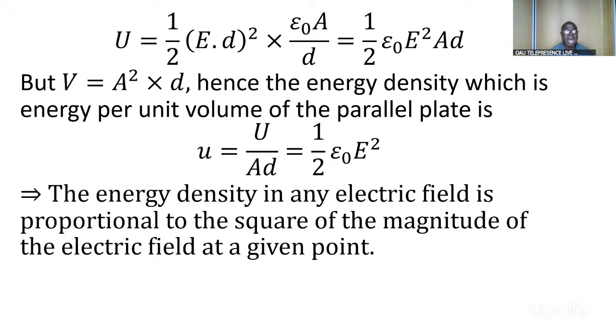And from here, you can estimate what we call the energy density. You can see that this is a small u. I use small u just to represent the energy density, not the real energy stored. The real energy stored is capital U. That's the difference. The energy density in an electric field is proportional to the square of the magnitude of your electric field at a given point.